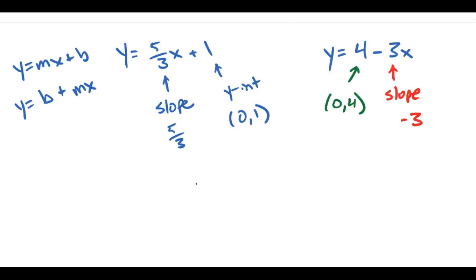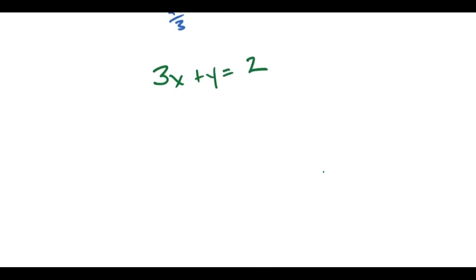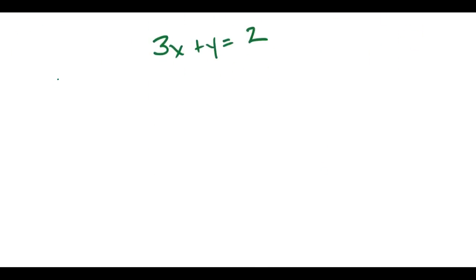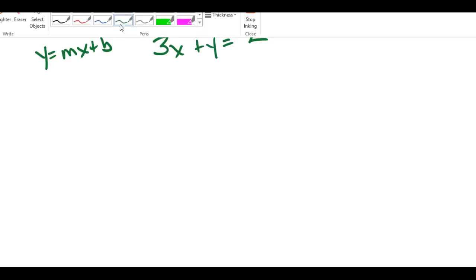So suppose I have the equation 3x plus y is equal to 2. Now what you should notice is that this equation is not in the form y equals mx plus b. X and y are on the same side of the equation, so we can do some algebra.